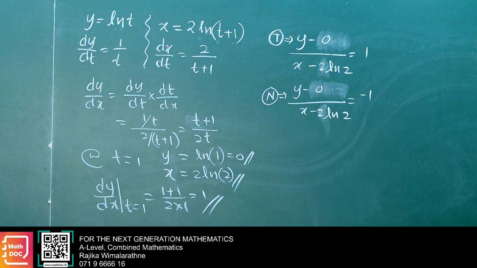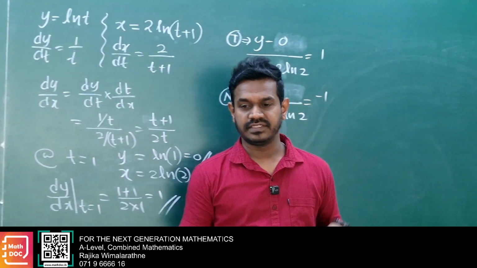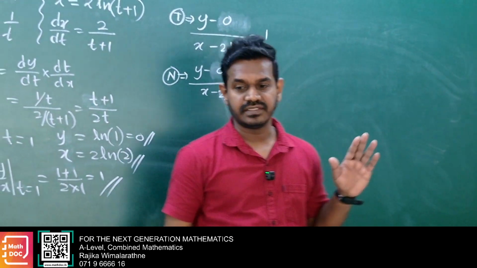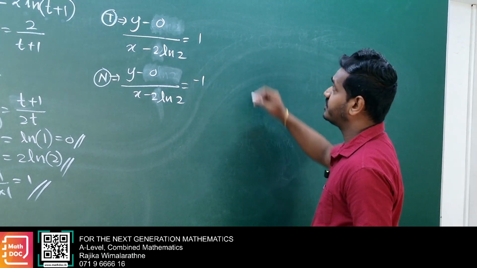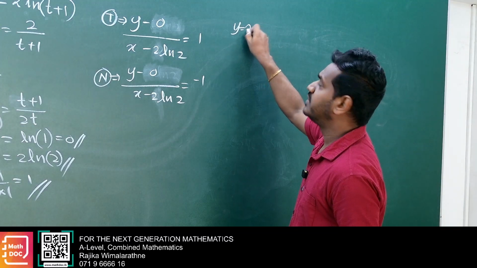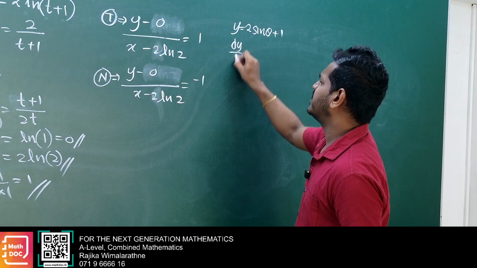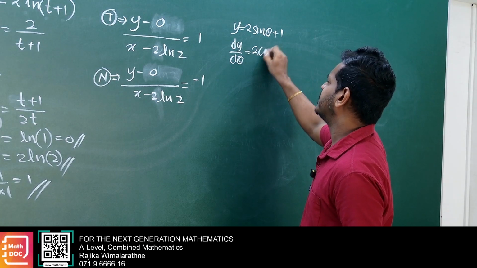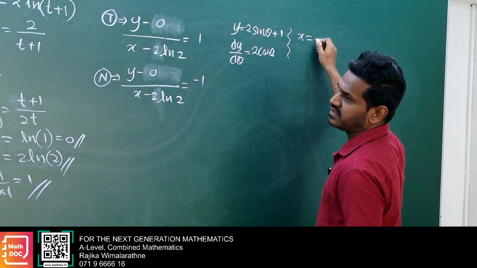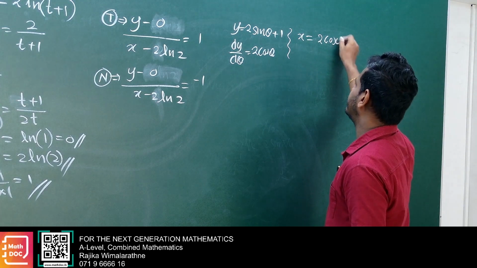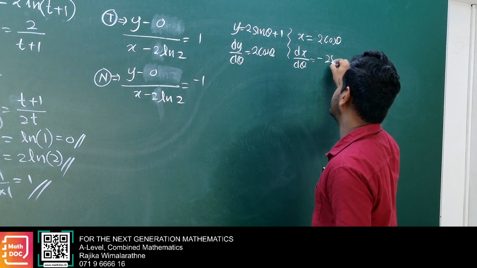Okay, then next one, again a parametric function is given: y equals 2 sin theta plus 1, so dy over d theta is 2 cos theta. x equals 2 cos theta, so dx over d theta is minus 2 sin theta.